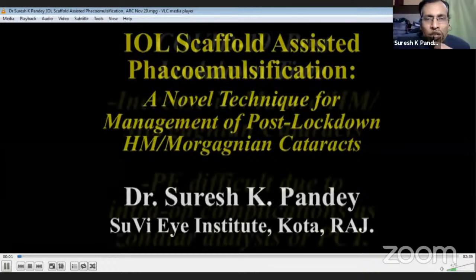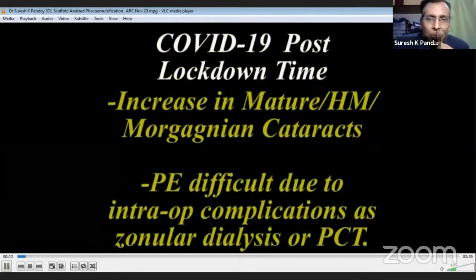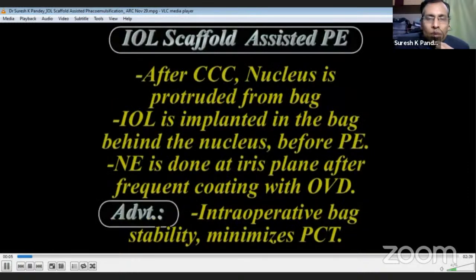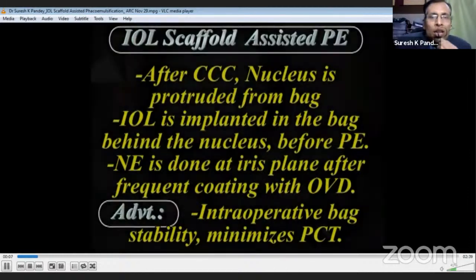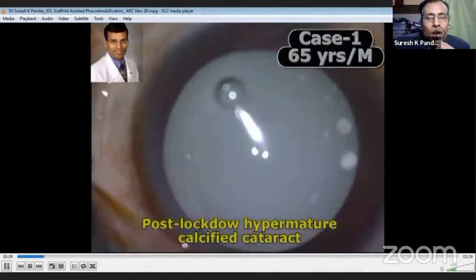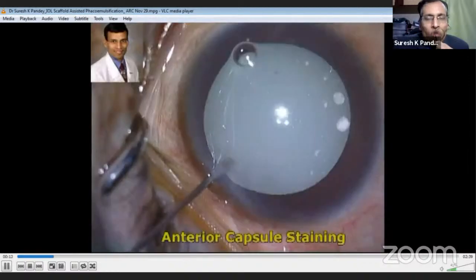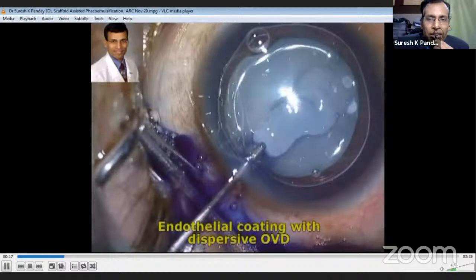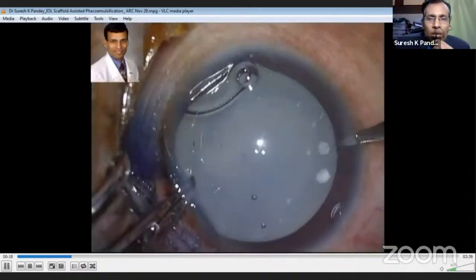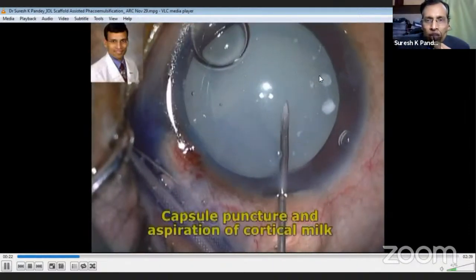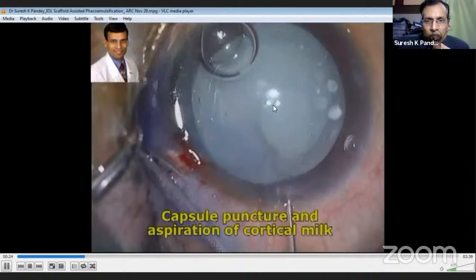Today, I'm going to share an important technique which is already published by some of the panelists, Dr. Rohit Om Prakash in the JCRS 2017 issue. And this technique is the pre-phaco IOL implantation, or IOL scaffolding technique, in cases of mature, hypermature, and Morgagnian cataract. As we all know, after lockdown we are seeing a lot of cases like this, mature, hypermature, calcified cataract with a lot of intralenticular fluid.